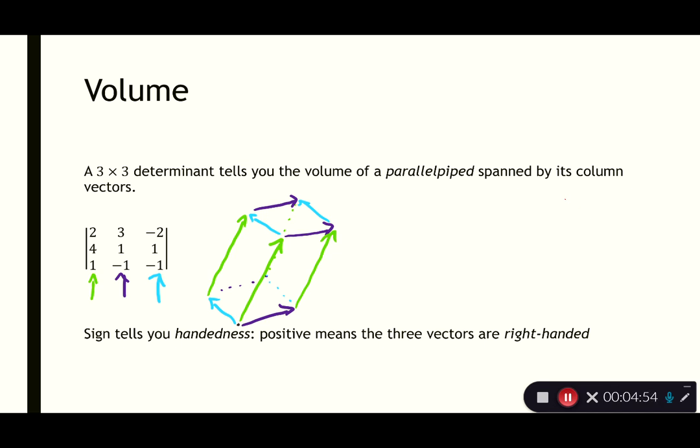The technical name for it is a parallelepiped. And when we calculate this determinant, it tells us about the volume. The volume of this resulting shape is the determinant of this 3 by 3 matrix.